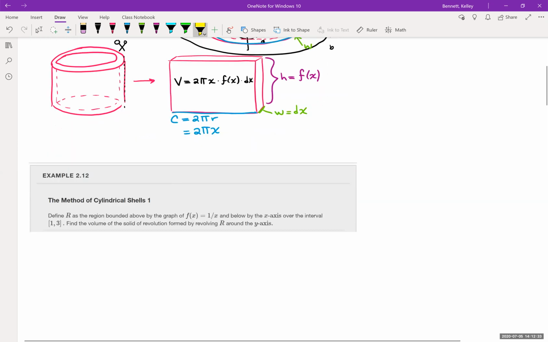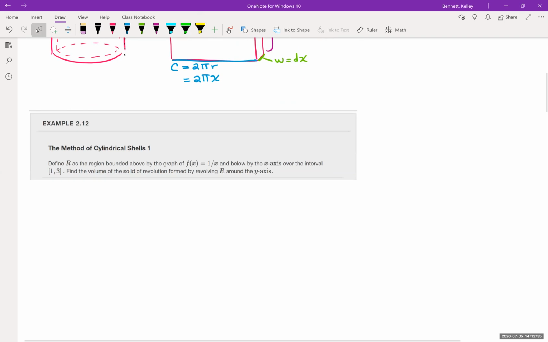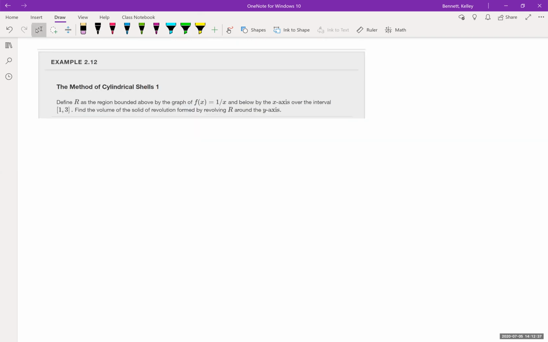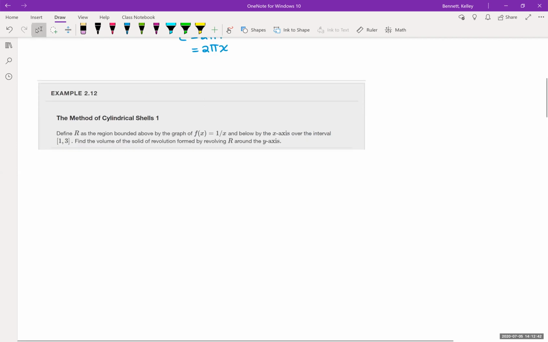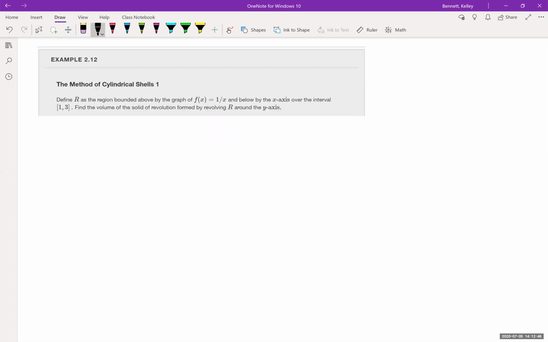So let's try an example where we're given a specific f of x. Here f of x equals 1 over x, bounded below by the x-axis, on 1 to 3, and we're going around the y-axis.